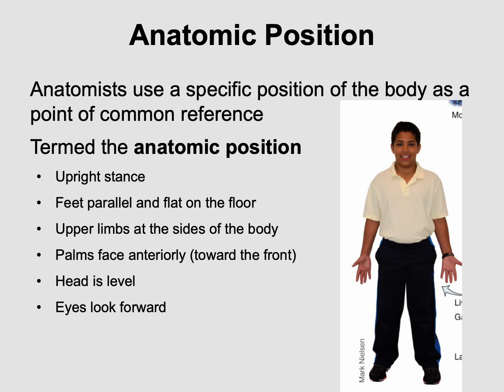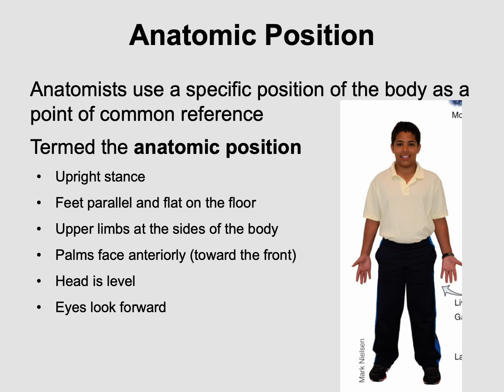He is standing up straight, in an upright stance, with the back not bent, not standing on four limbs, but upright on two limbs, and the feet are parallel to each other and flat on the floor.